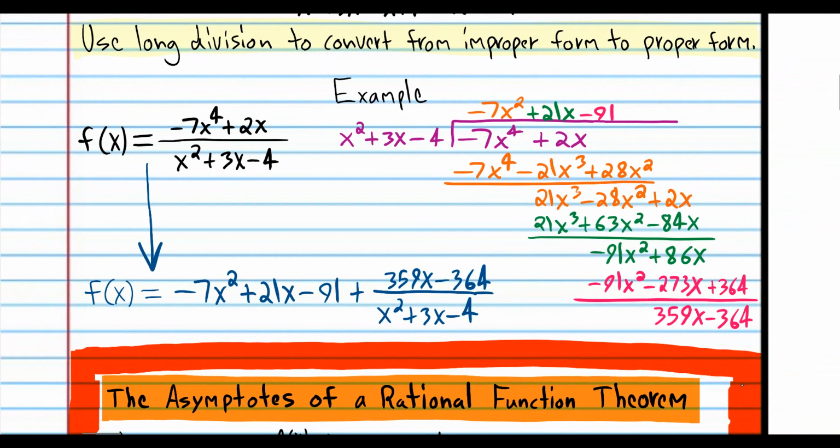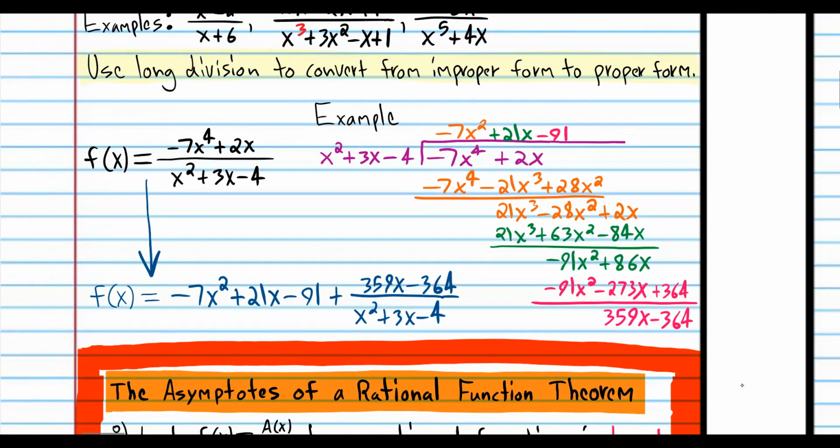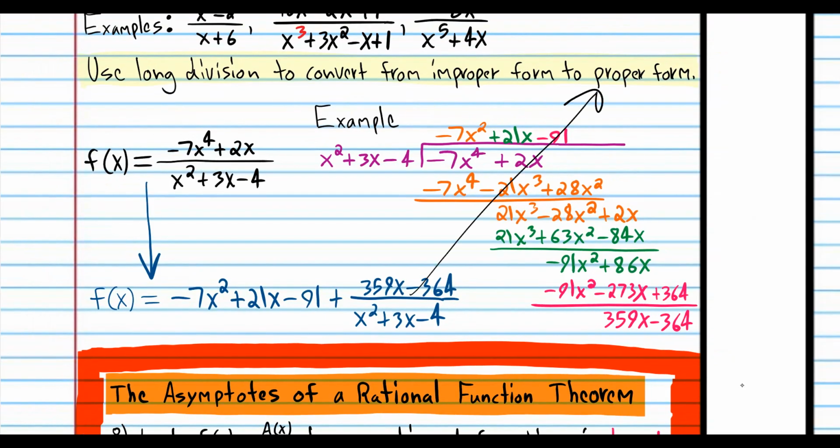So you have to keep dividing until you get a fraction that fits that description. You don't want this situation where the degree is greater in the numerator. You want your leftover fraction here to be in proper form. So that's why we say we're converting to proper form.